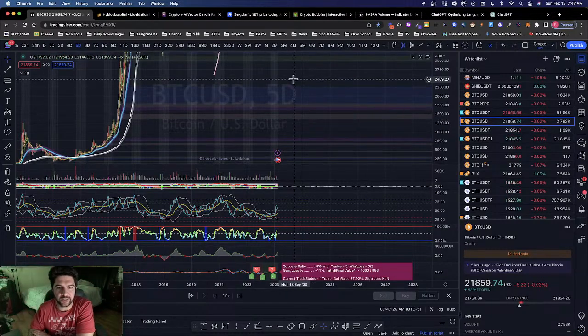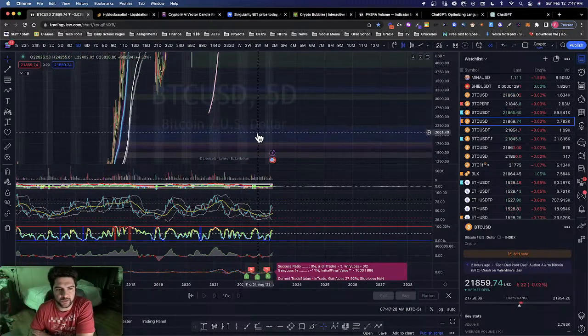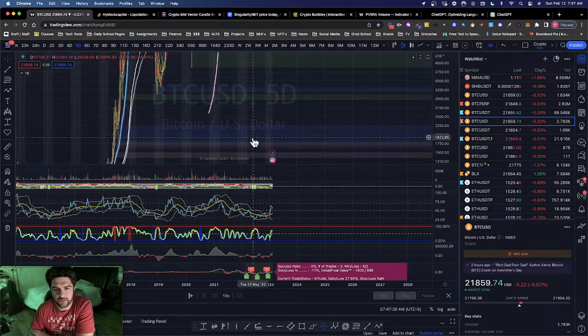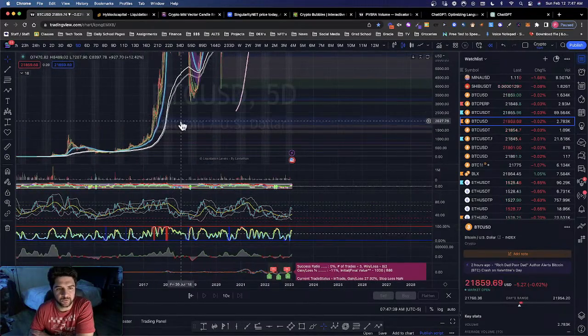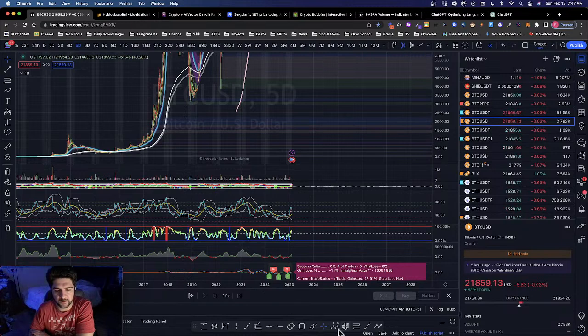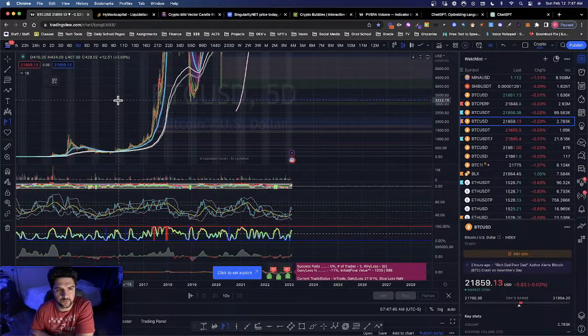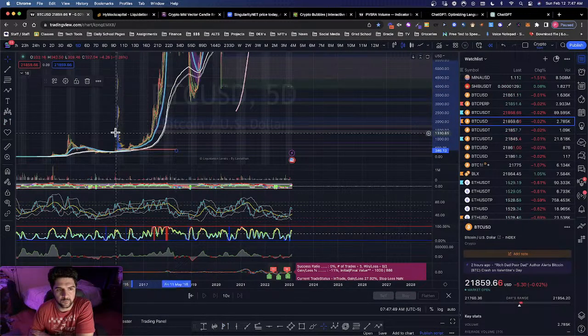On your 5-day, in my opinion, see all this blue? This is where he can blow out, because there's no volume in here. There's absolutely nothing. Look at your fixed range volume profile. There's absolutely no volume here.